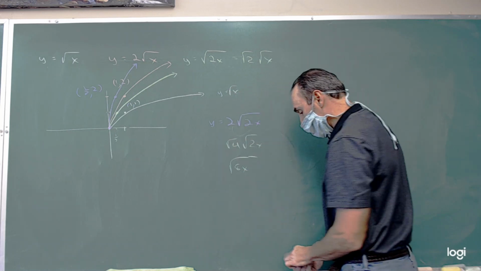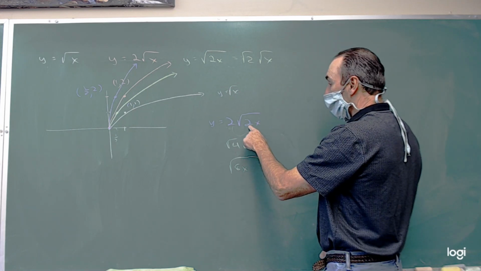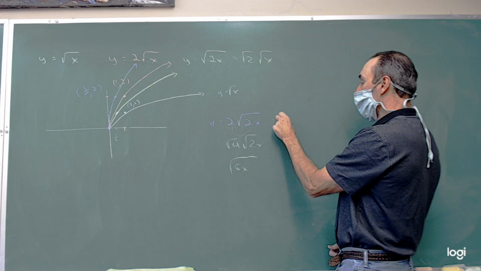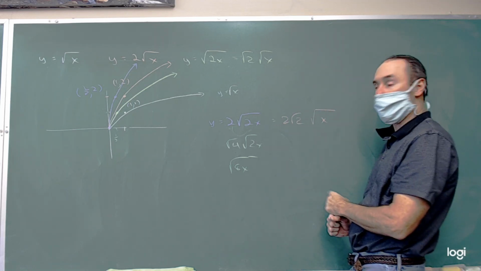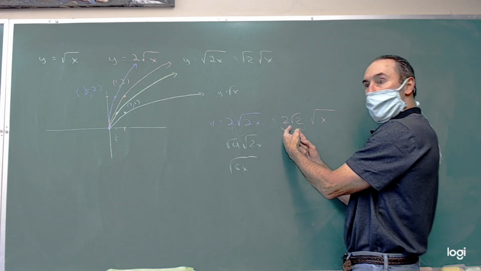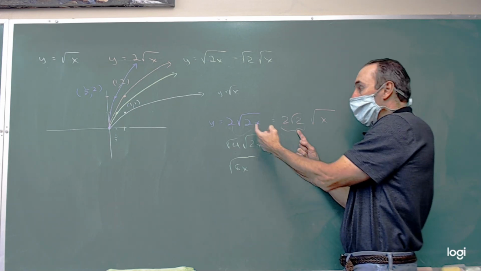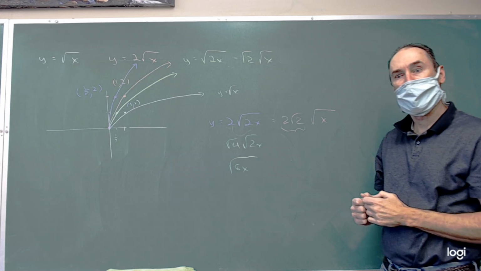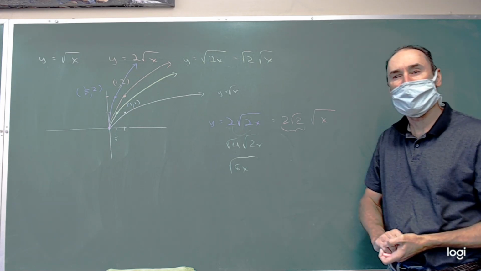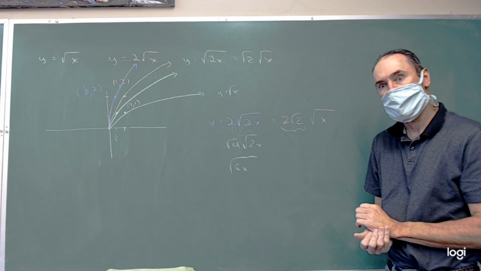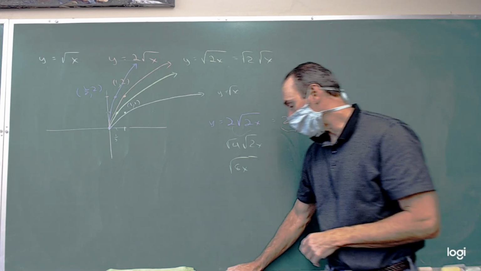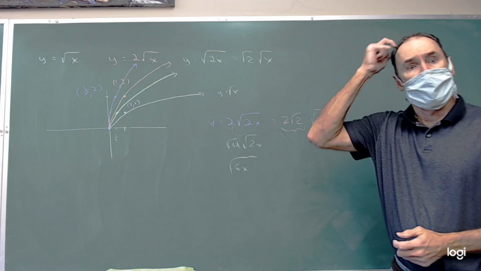Or alternatively, you could bring this 2 out. Now this is going to look weird, but it's going to be 2 square root of 2 times the square root of x. And so now here you have magnified the stretch by doing this shrink. But it's not a nice, really easy to conceptualize relationship. Yeah, but your thinking is good. Questions on that?